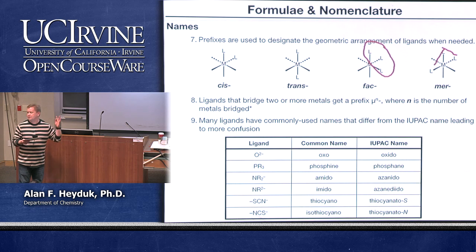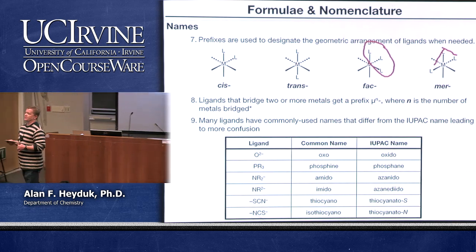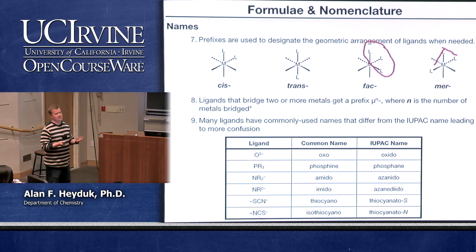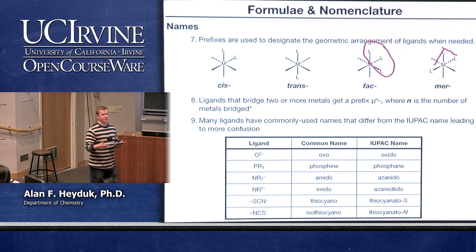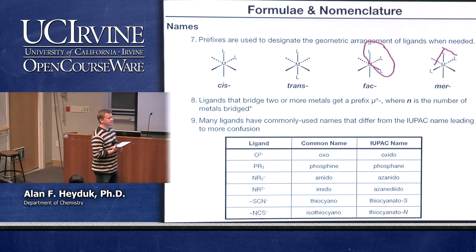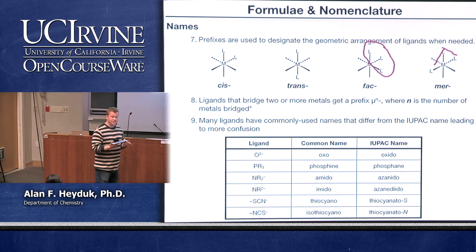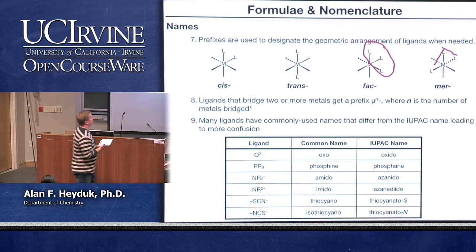I can almost promise you, outside of this classroom, I will never talk to you about a metal oxido complex, which would be the appropriate name for a metal complex with an O2 minus, a metal oxygen double bond. I guarantee I will always refer to it as a metal oxo. Inside of this classroom, it's 50-50. We'll see.